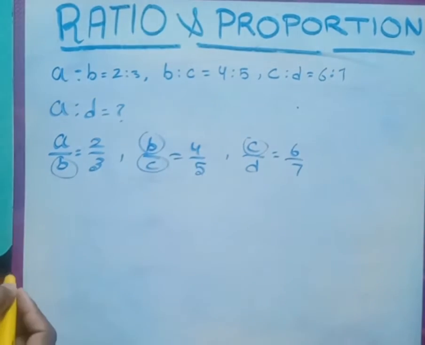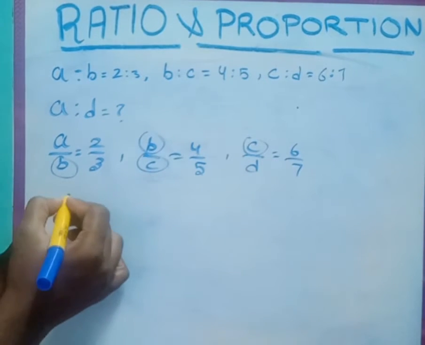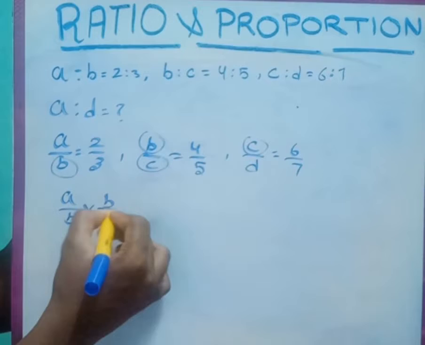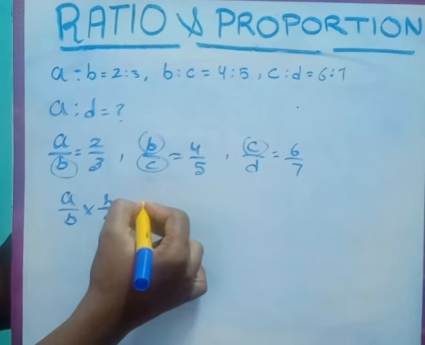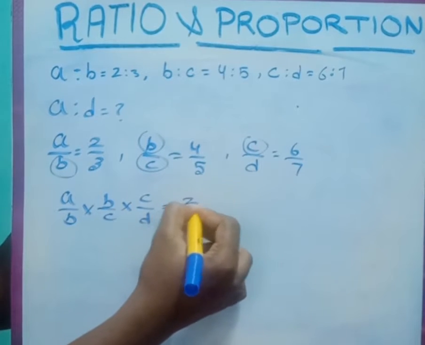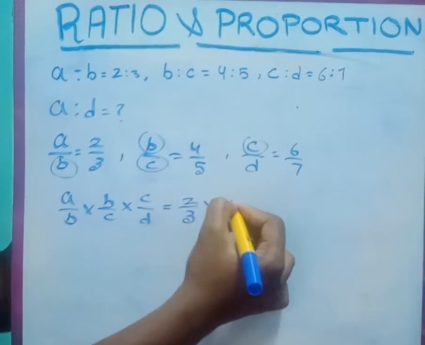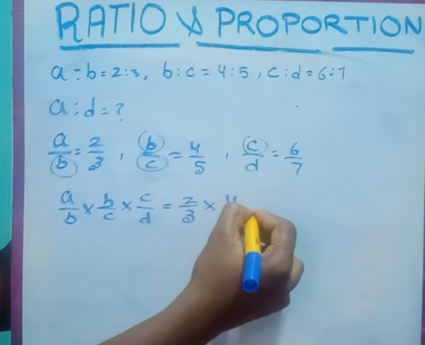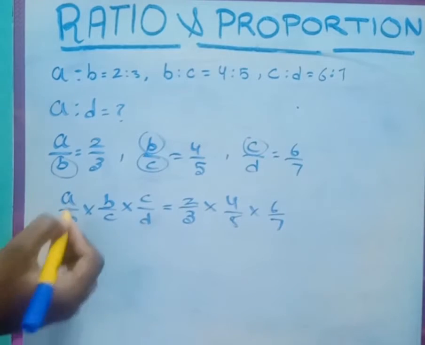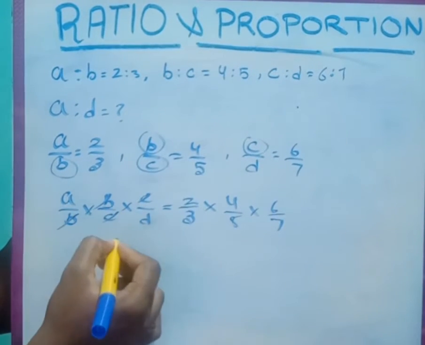If we multiply these, we can definitely get A is to D, like A by B into B by C into C by D, right? And here we write all the respective values of these fractions: 2 by 3 multiplied by 4 by 5 multiplied by 6 by 7. See guys, here B cancelled, C cancelled, so we have A by D, right?